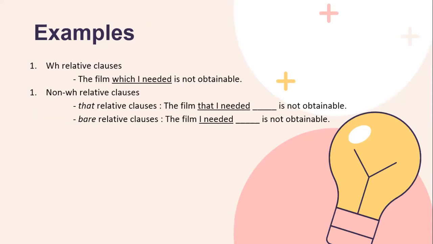As we can see here, there are no relative pronouns in the examples, but we can still see the anaphoric relation to the head nouns. And there are blank spaces right after the relative clause, which indicates the covert presence of the relativized elements. Thank you.